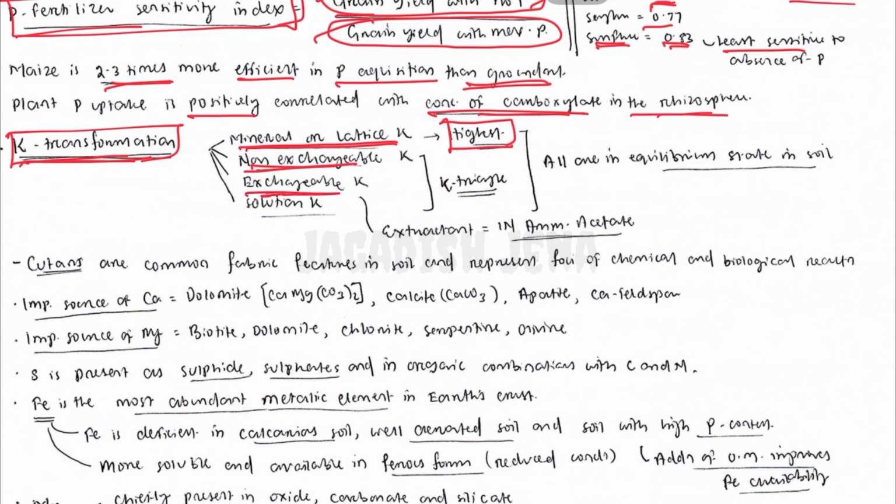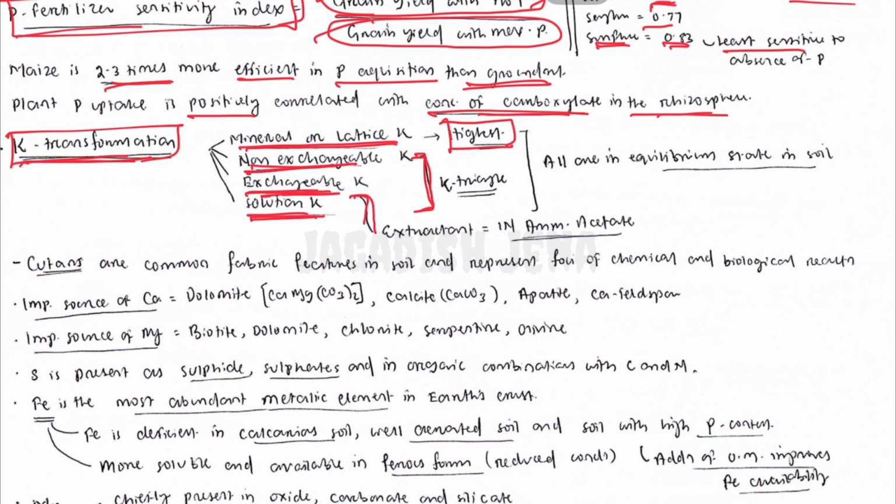Another form is the exchangeable form, which is readily available, as well as exchangeable to the soil solution form. Another one is the soil solution form. So basically, in the potassium triangle, we can see the active participation of these last three forms, from non-exchangeable form to exchangeable form to solution form.